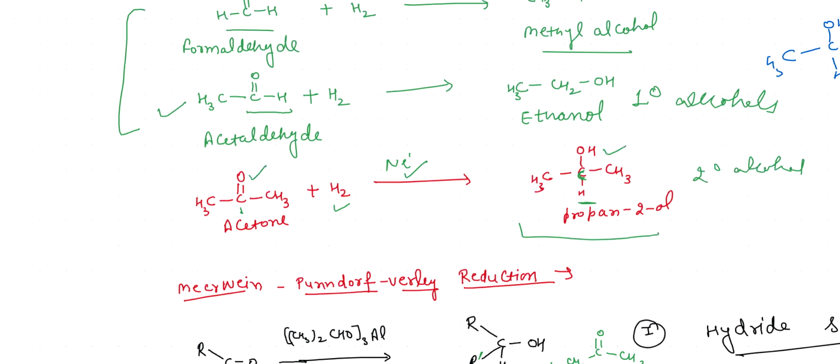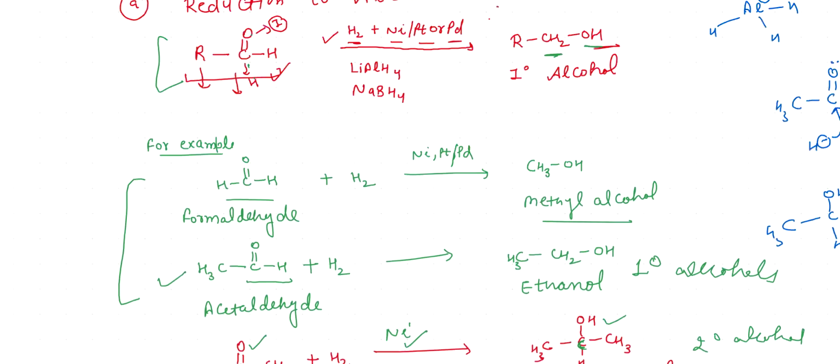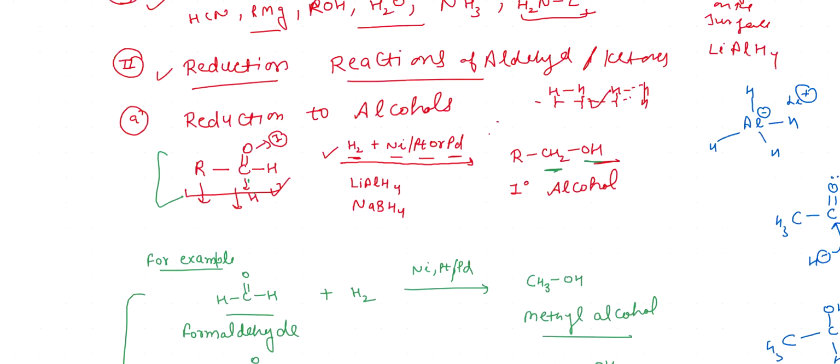So the reduction reactions are carried out either catalytically with hydrogen in the presence of nickel, platinum, or palladium, or these reactions can also be conducted using other reagents such as lithium aluminium hydride and sodium borohydride.